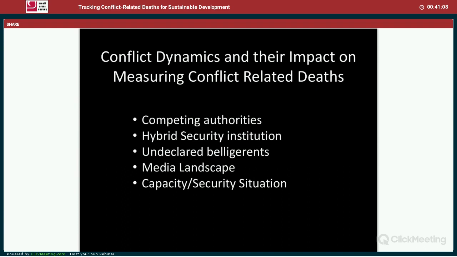And so lots of the recorders who do casualty recording in Libya felt that the media would be a very last source for them, if they were to even consider it as a source. As for capacity and the security situation, the UN Support Mission in Libya is based in Tunis, and so is the ICRC, so remotely, there are some challenges with access, investigation, etc.